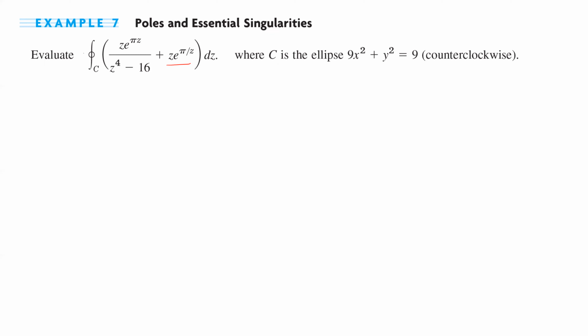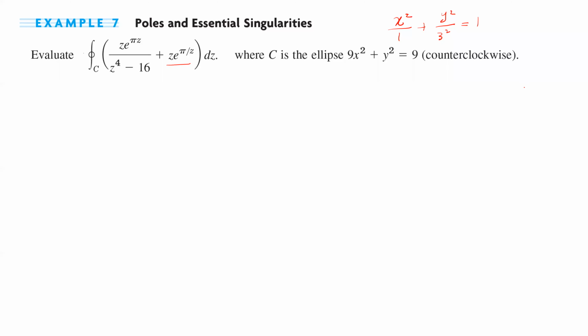All right. And C is the ellipse 9x squared plus y squared equal to 9. So you can divide this by 9 and say x squared over 1 plus y squared over 3 squared equal to 1. So you see that this is extended in the y direction to 3 and negative 3, and in the x direction to 1 and negative 1.